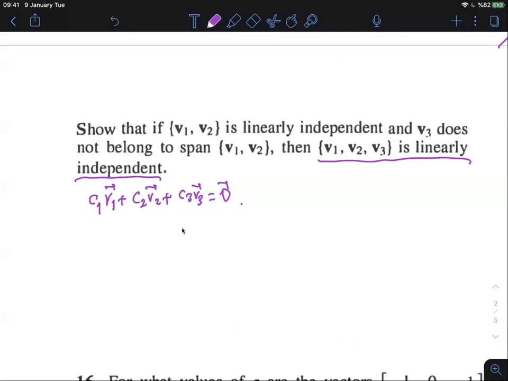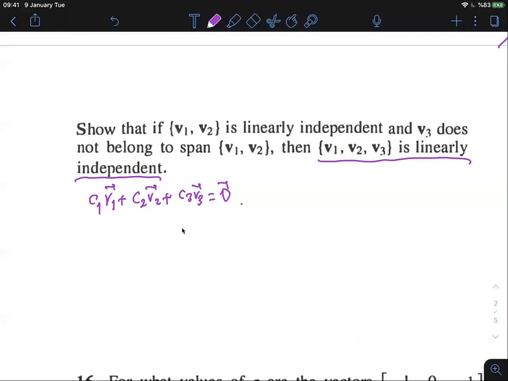We're checking if the only solution is the trivial solution or not. If the only solution is the trivial solution, then these three vectors are linearly independent. If not, then they are linearly dependent.